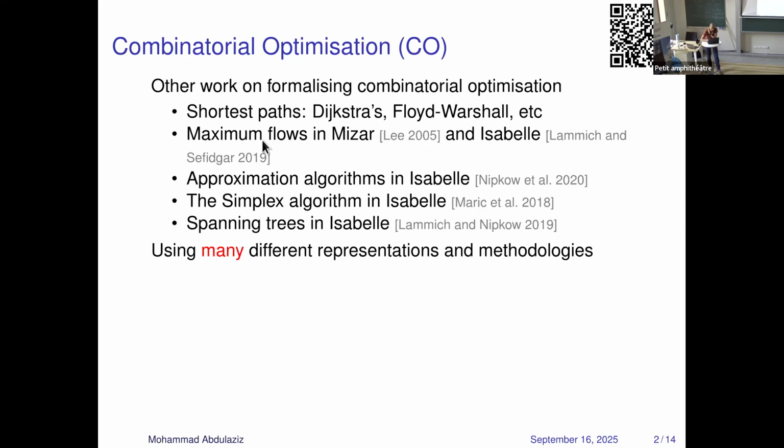So many results exist in the area. But there is one specific weakness, which is that all these results, even if they're in the same proof system, use different representations of the objects that you're trying to formalize, which means that they cannot interoperate or work together.